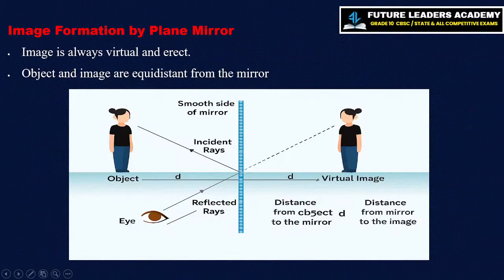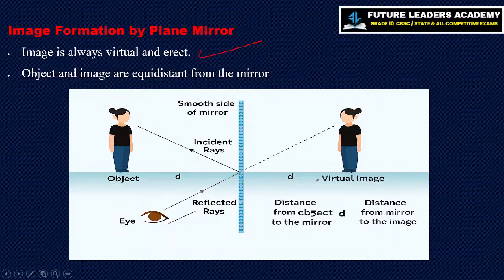Then now see, for example, image formation by plane mirror. Which image am I giving here? You have to understand the distance and everything, I will clarify. The image is always virtual and direct.